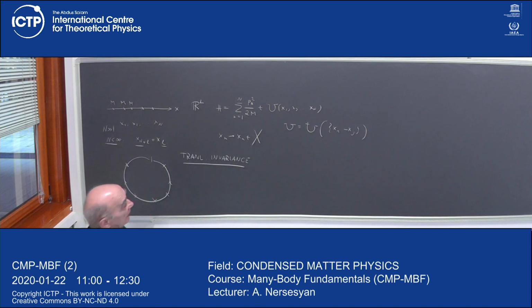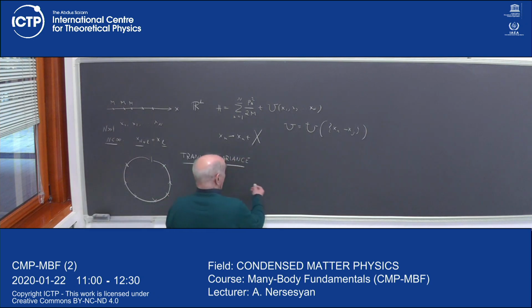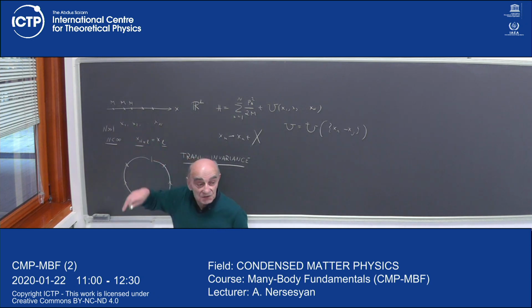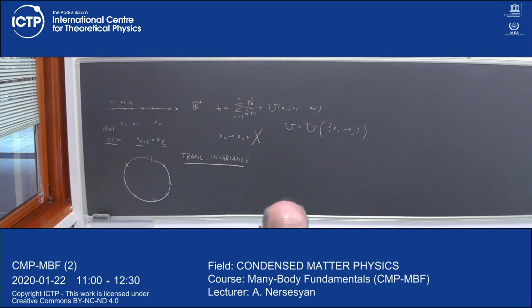Then I have to obtain some equilibrium configuration. I have to fix the values of all the coordinates, x1, x2. So what I want is to minimize the potential energy. I find the configuration which gives the minimum to the total energy of the system. That's exactly the problem I'm addressing.